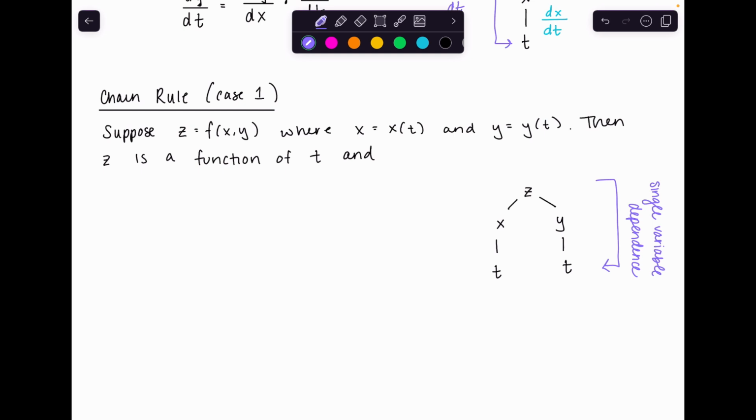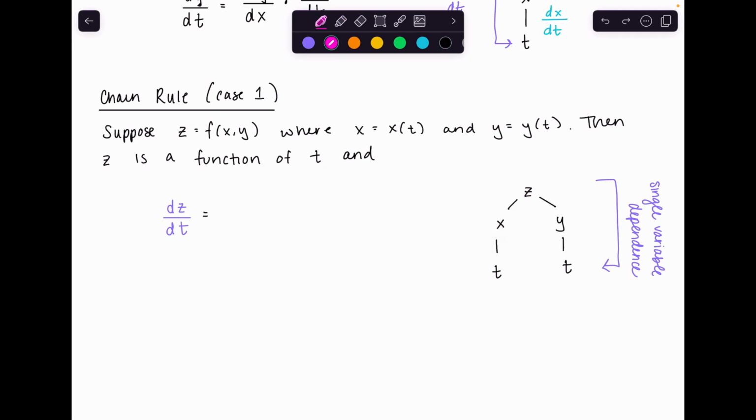What I can do is actually take the derivative of z with respect to t. Okay? Because that first layer and last layer are single variable dependence. However, I have two paths to get down to this variable. I've got this first path, and then I've got this second path. So what I'm doing to find my derivative is figuring out the magnitude basically of this path, the magnitude of this one, and adding them together.